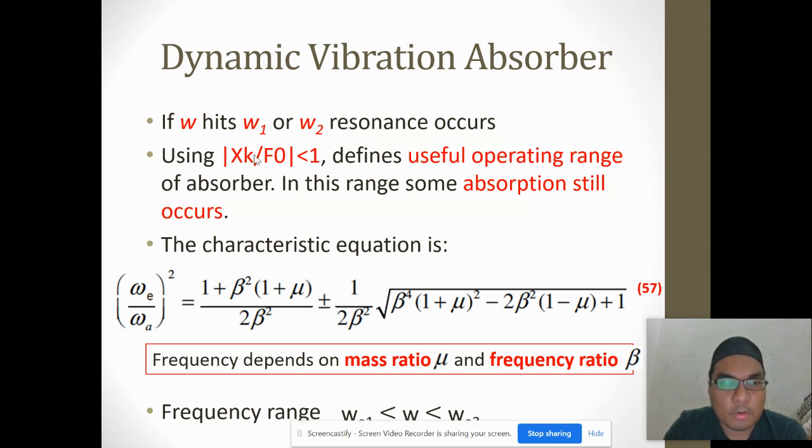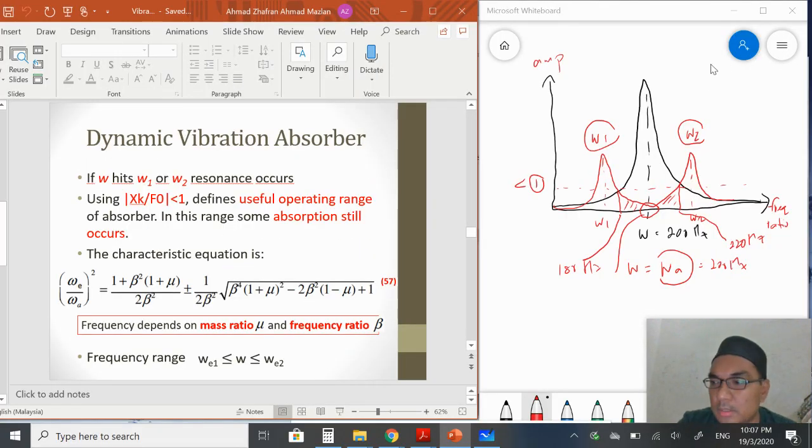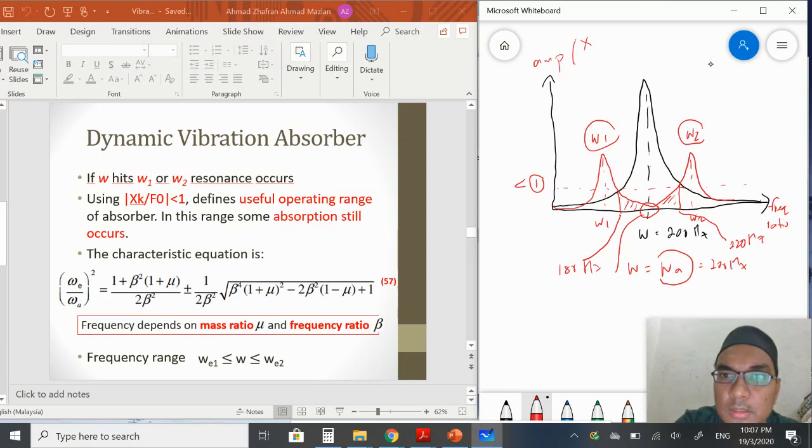By using this formulation, xk divided by f naught below 1, this is actually the amplitude. It defines the useful operating frequency range for the absorber.